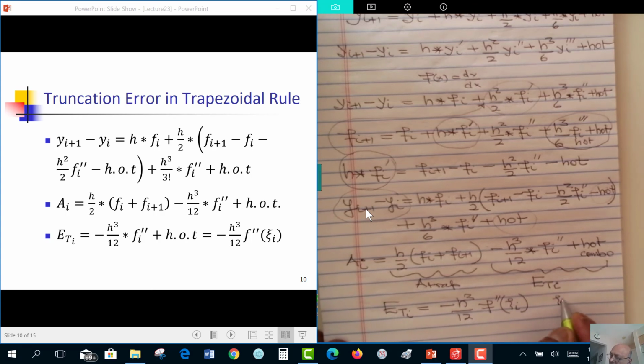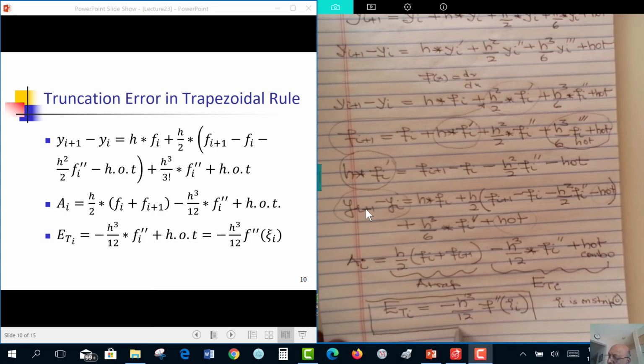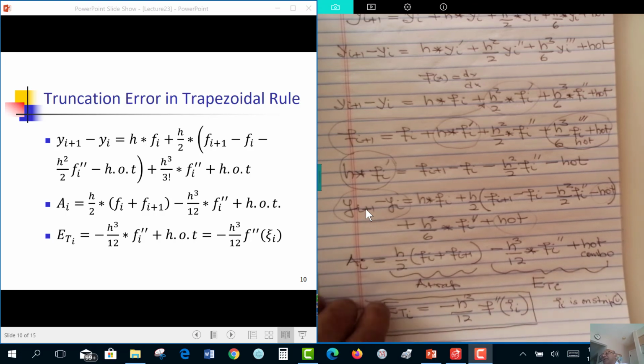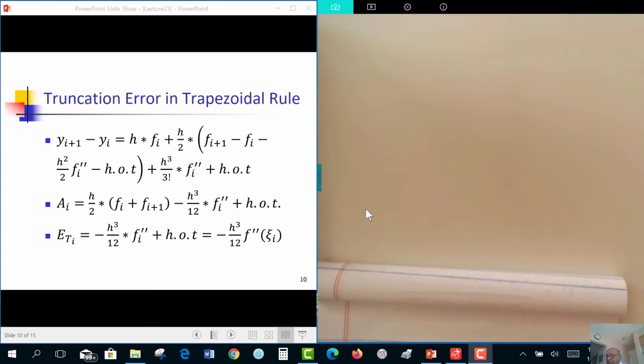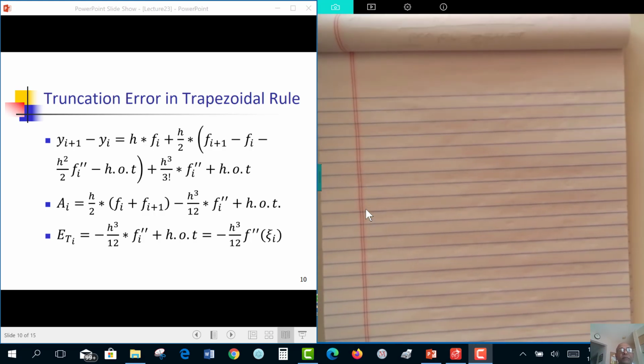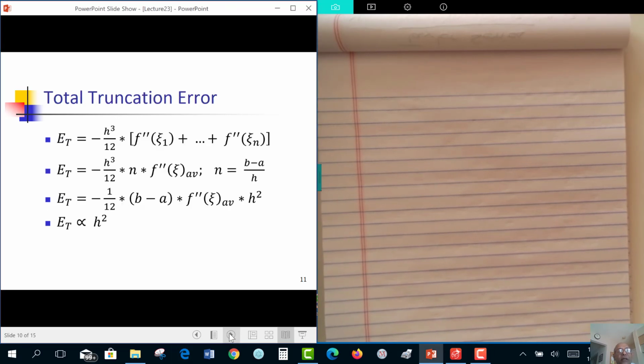All we know is zeta i is on strip i somewhere. So if we knew zeta i, we would know the true error. But we don't know zeta i, so we don't know the true error.